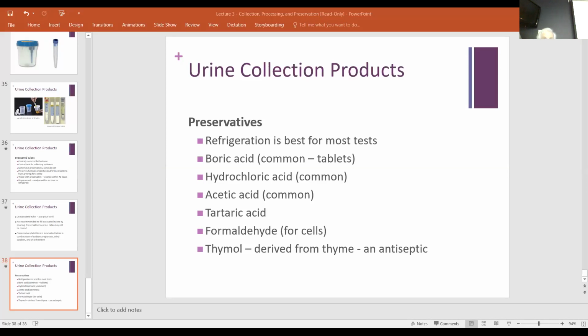Physical tests, we look at color, turbidity, meaning how cloudy it is, volume, odor, and we can measure the specific gravity. Normal urine is straw colored.